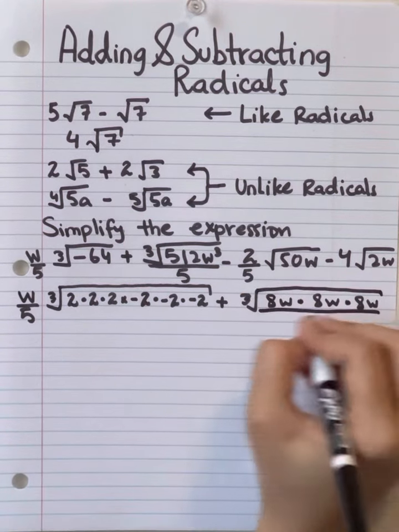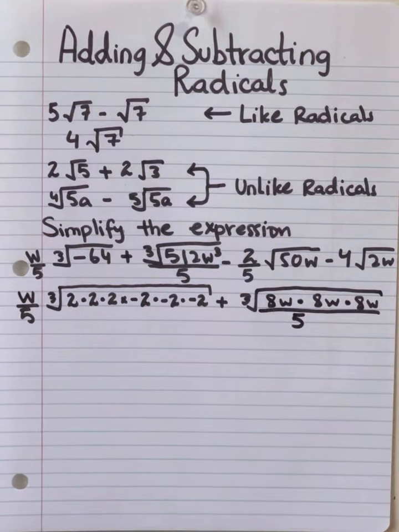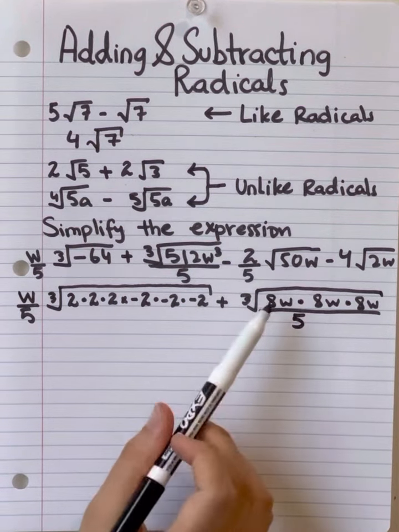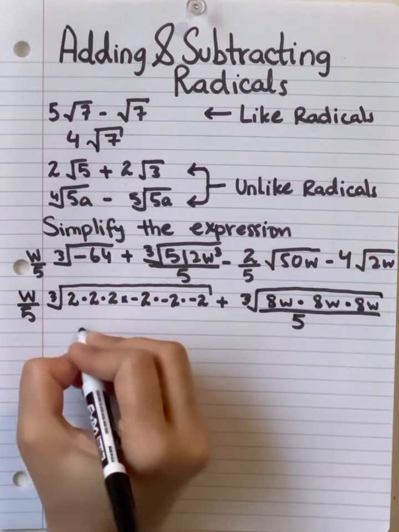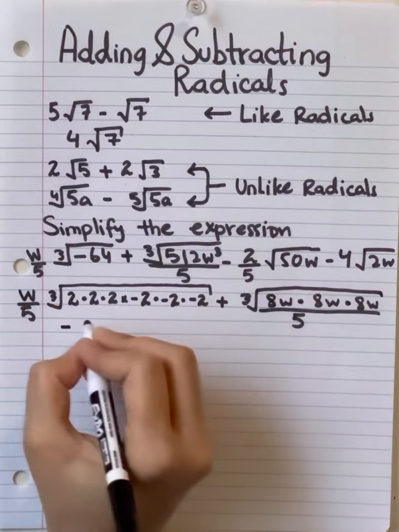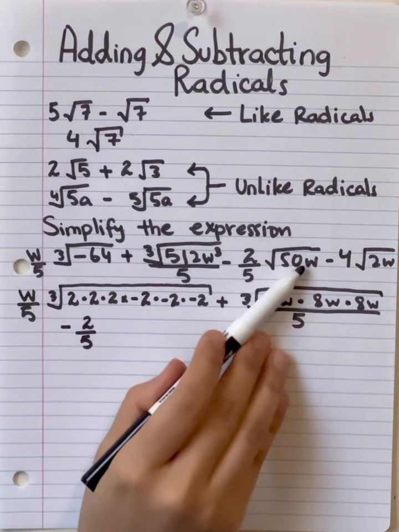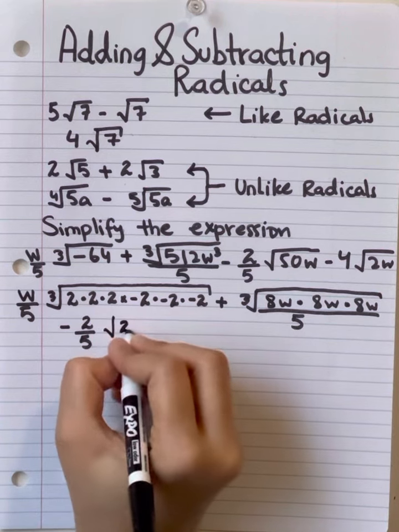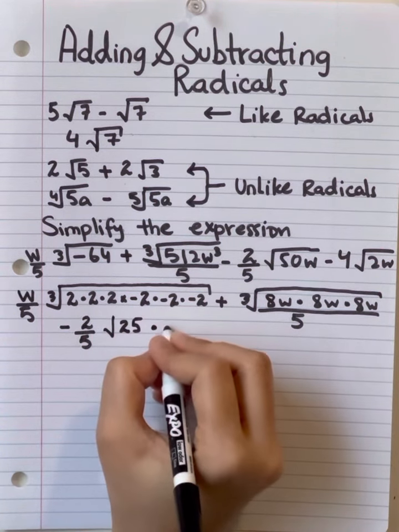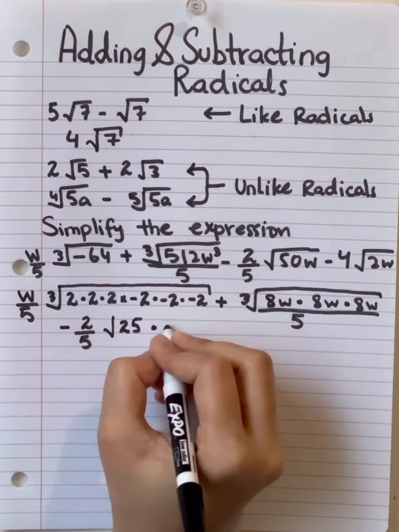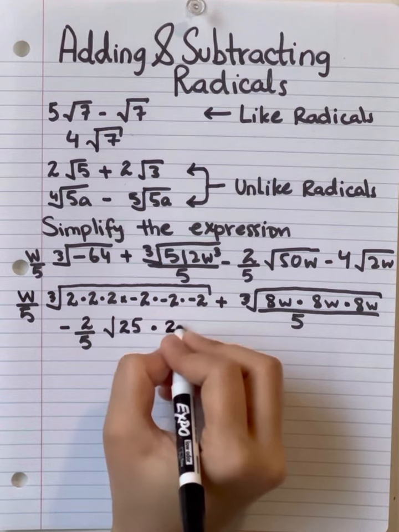Now, on to our third term, minus 2 divided by 5 times the square root of 50w. Factor 50w and we get 25 times 2w.